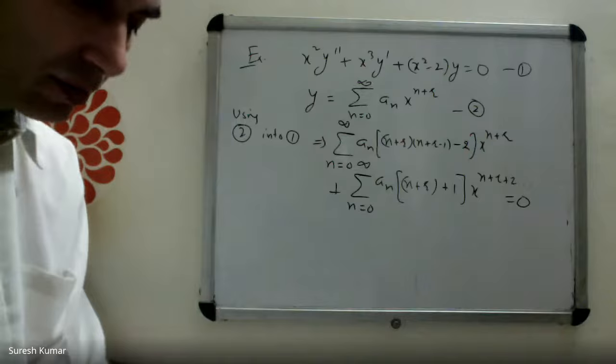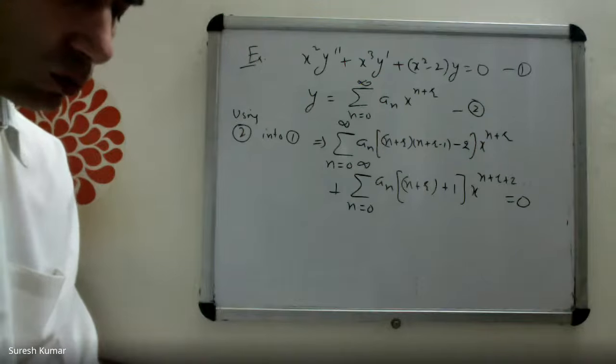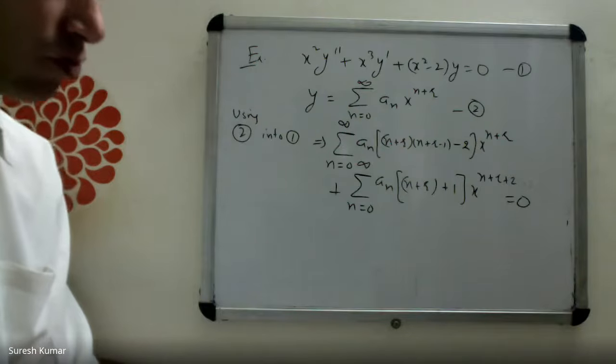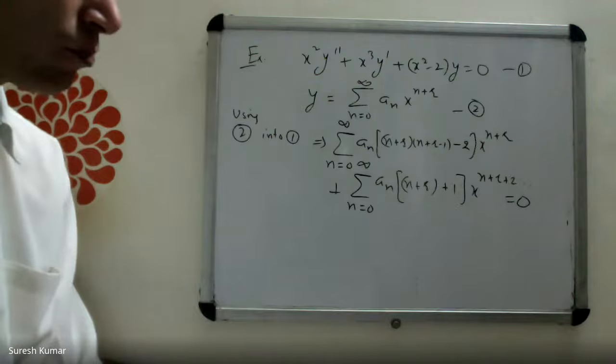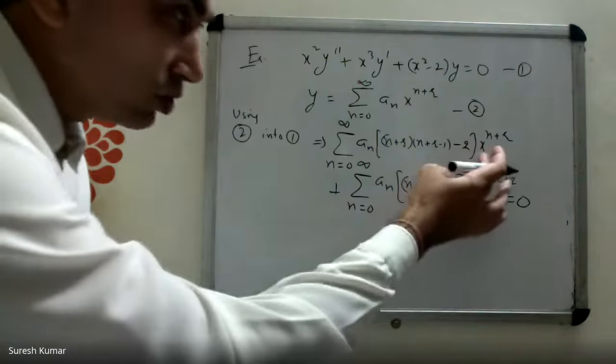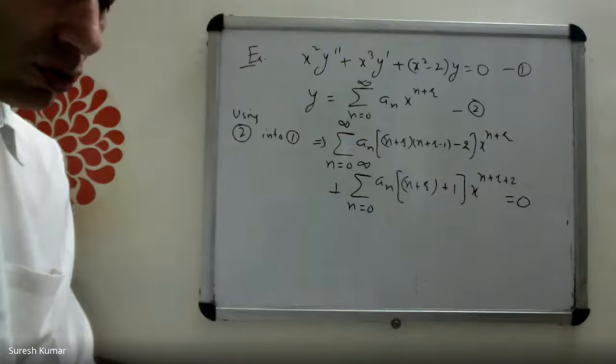Okay. What are the roots of the indicial equation? Equating to 0 the coefficient of x power n plus r. 2 and minus 1.